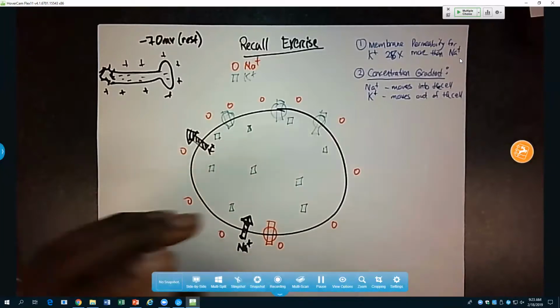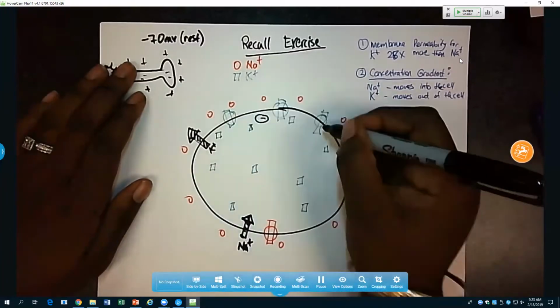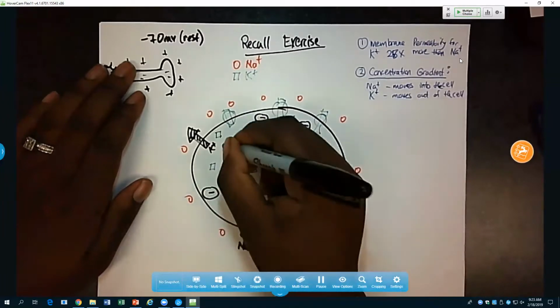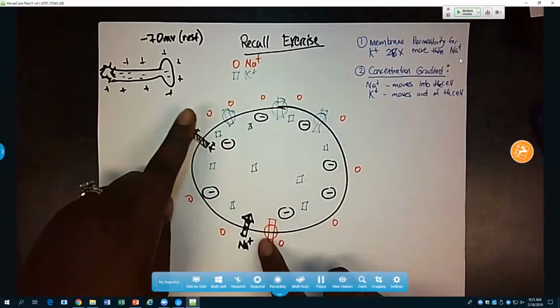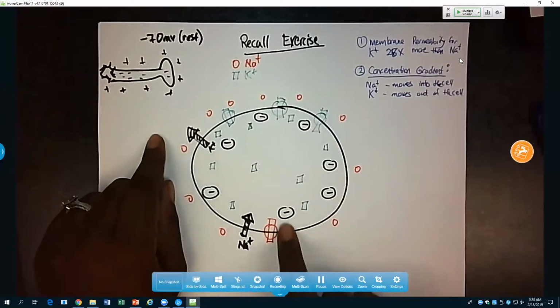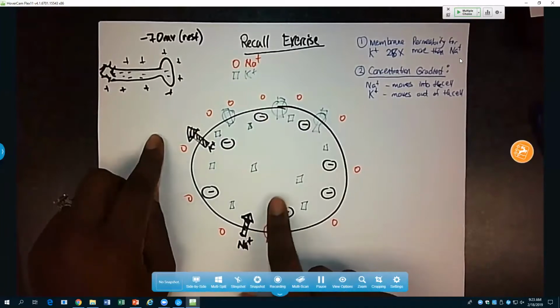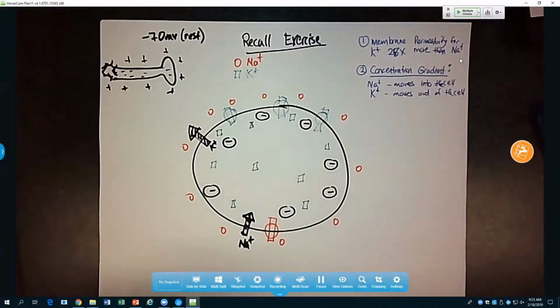So the inside of the cell then becomes more negative because we have more of a positive charge leaving the cell than we have positive coming in. Again, both of these are positively charged ions, and we have less doors, so to speak, for sodium to get into the cell, and more doors for potassium to get out of the cell. And so what we have is a net effect of more positive charge leaving than coming in, so the inside becomes more negative.